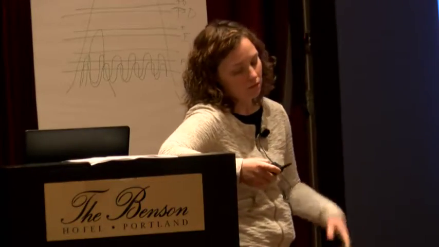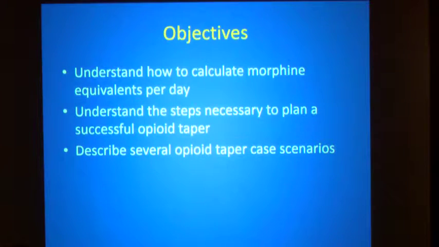And I've also tried to boil it down to some paradigms and some general principles. So let's get to it. So we are going to do some math today, I have to tell you. We're going to talk about calculating morphine equivalents. We're also going to talk about how you can approach opioids and tapers in a successful way, and we're going to go through several different cases.